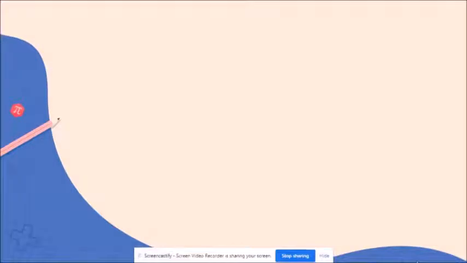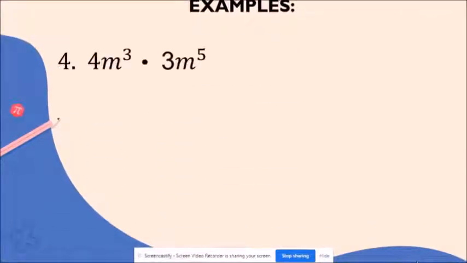For our fourth example, we have 4m cubed times 3m to the power of 5. Now this time around, since we have numbers and variables together, let's multiply them differently. Of course, when we multiply 4 times 3, that would give us 12.